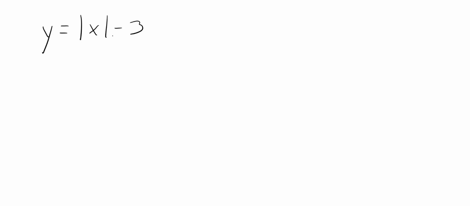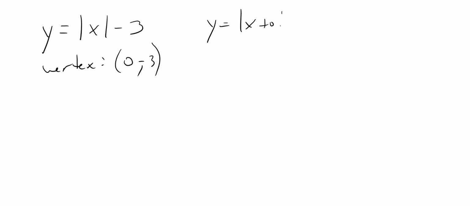Okay, so remember, if there's nothing in the absolute value, the vertex, that's going to be a 0 then. So 0 comma 3, that's your vertex. Or 0 comma negative 3, sorry. 0 negative 3. Okay, so it's almost like saying y is equal to the absolute value of x, and we're going to say plus 0, if you want to look at it that way, minus 3. Right, there's nothing in here, so that's 0, and then negative 3.